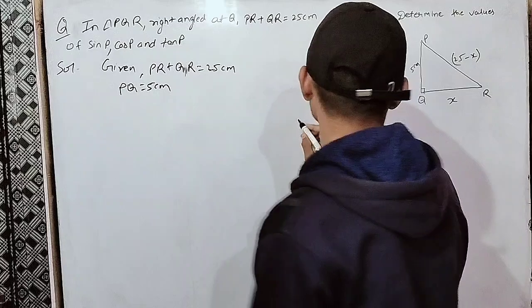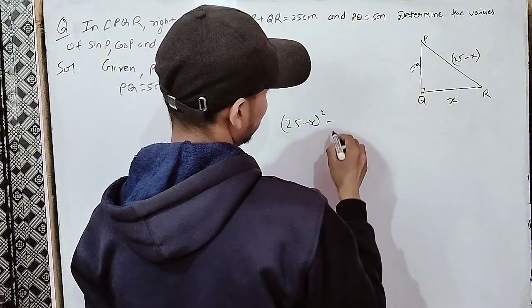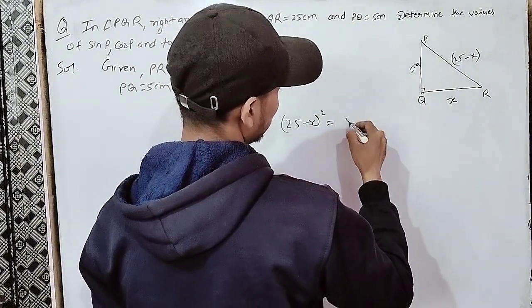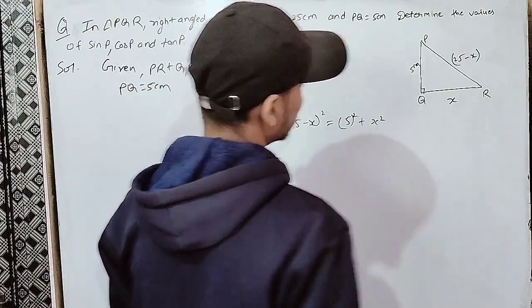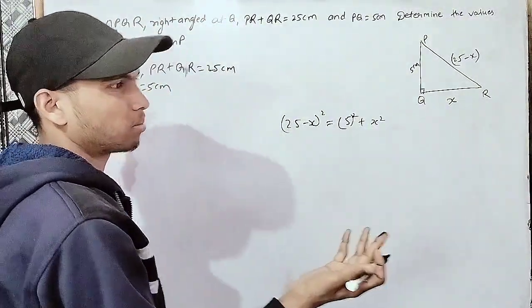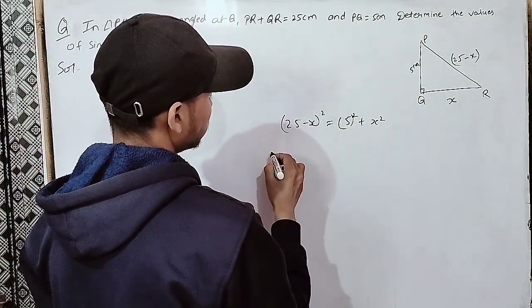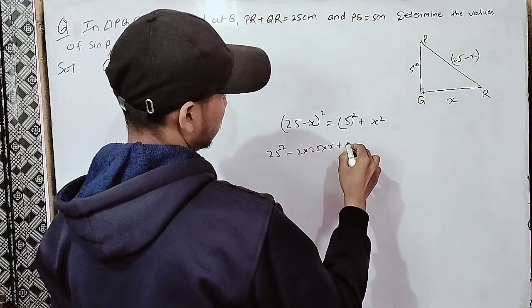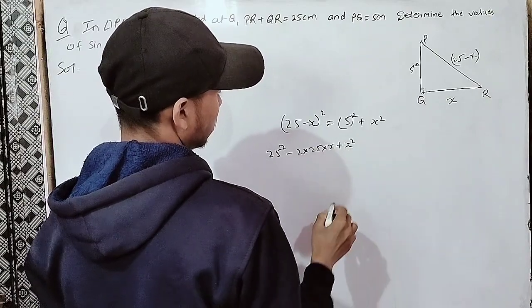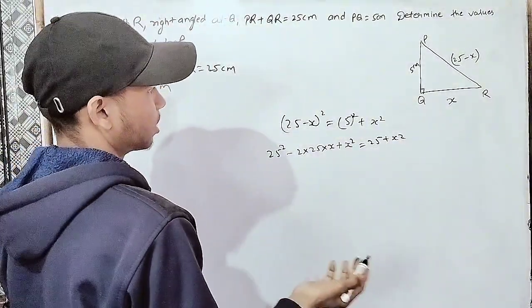Let's apply Pythagoras theorem. So here 25 minus x, then 5. A minus b square. I am solving it.